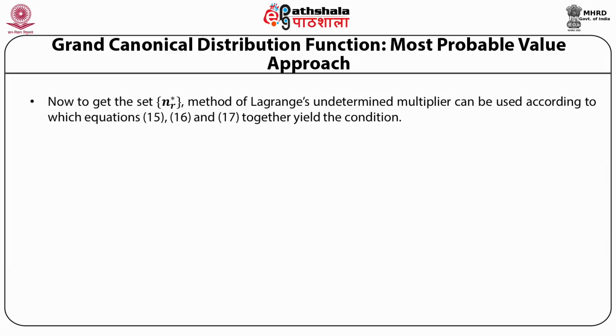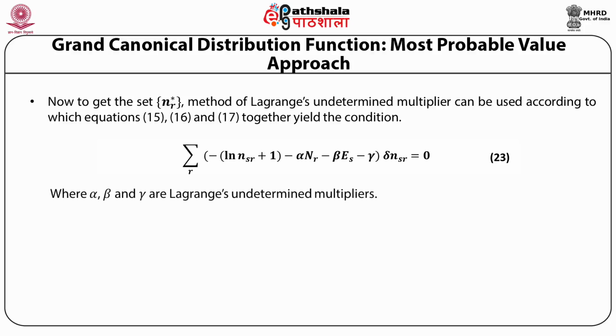Now to get the set n star sr, the method of Lagrange's undetermined multipliers can be used, according to which equations 15, 16 and 17 together yield the condition summation over s, r of minus log of n_sr plus 1 minus alpha n_r minus beta E_s minus gamma, whole multiplied by delta n_sr, is equal to 0, where alpha, beta and gamma are Lagrange's undetermined multipliers.